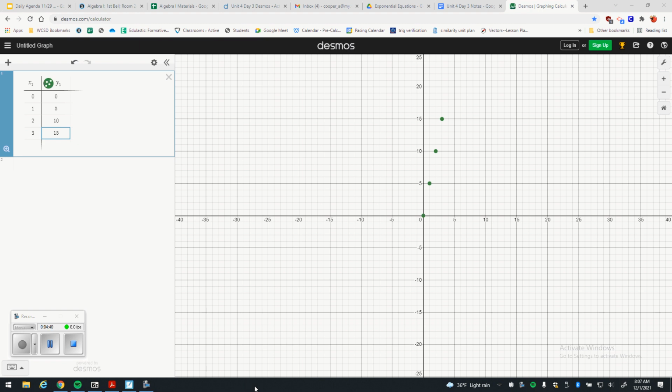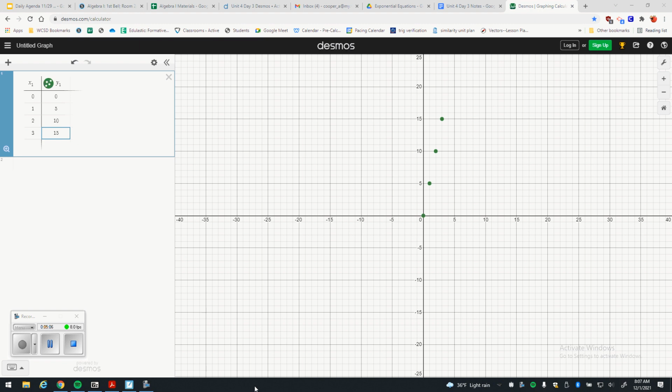Is it going to be decreasing linear? Is it going down? No, so we're between linear increasing or exponential growth. Linear increasing is 1. Exponential growth is 2. Increasing and linear are the same thing.